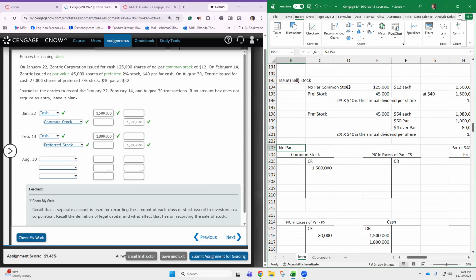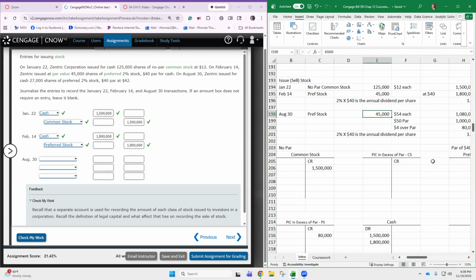Okay, so each of these is a different timeline. That first one was January 22nd. That second one was February 14th. And this third one then is August 30th. I want to make sure to keep track of the dates.